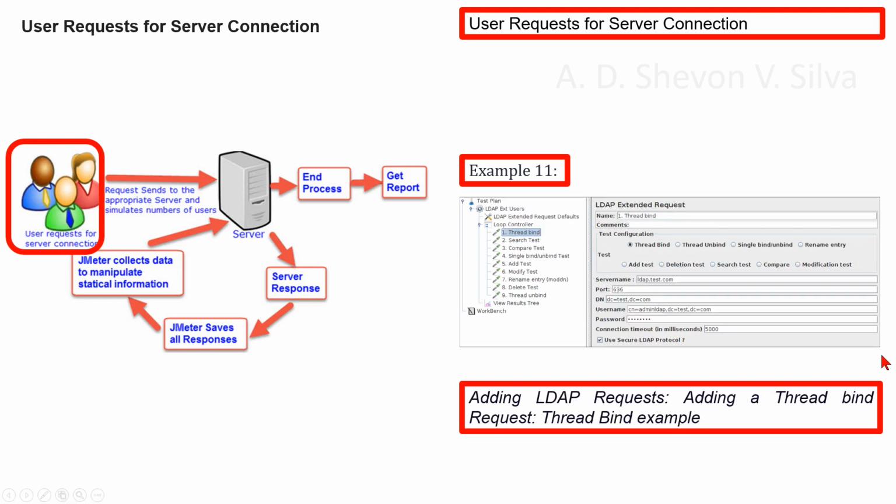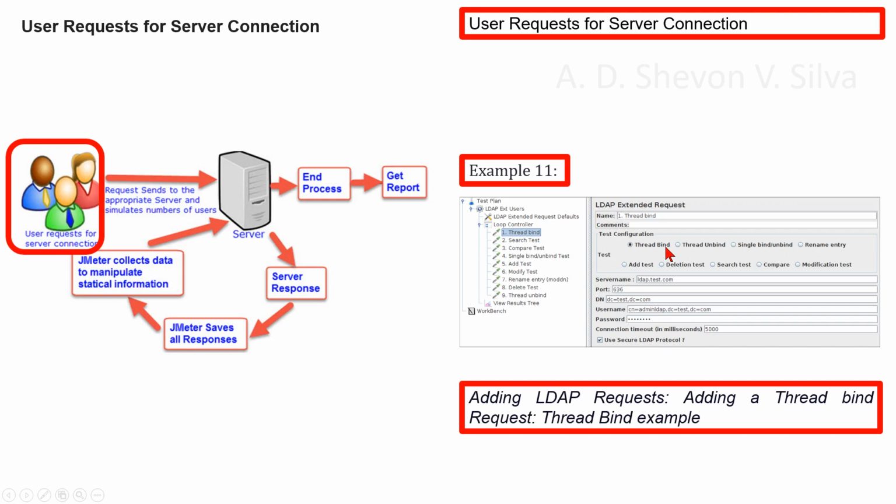Now we are considering adding a thread bind request in adding LDAP requests. Here you can see a thread bind example. Here first rename element to 1. thread bind, and select the thread bind button here.